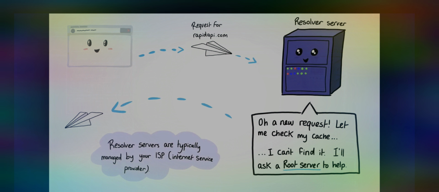The resolver server will say, oh, a new request, let me check my cache. I cannot find it, I will ask a root server to help. Resolver servers are typically managed by your ISP, internet service provider, like Airtel and BSNL.